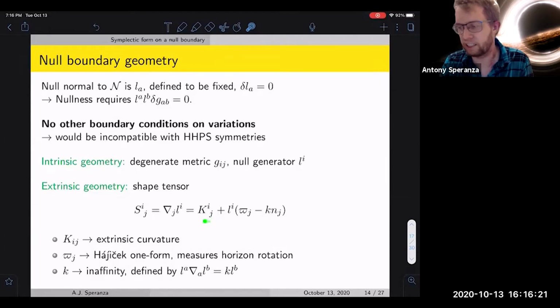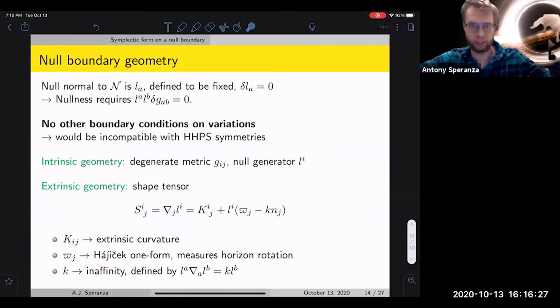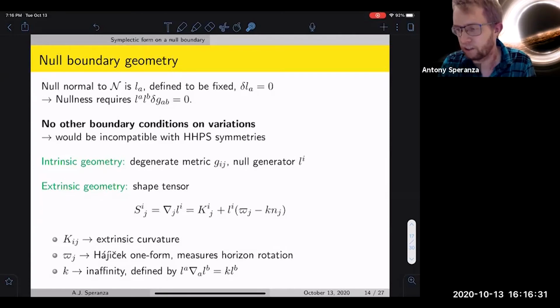You split it into a piece that's like the extrinsic curvature, K downstairs, which is really the extrinsic curvature of the codimension-2 surfaces foliating your null surface. Then you have something called the Hajicek 1-form, which measures something about the rotation of the horizon. And K is your inaffinity, which is just the failure of L to be affinely parameterized.